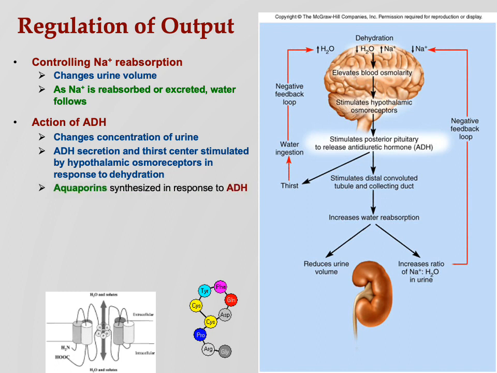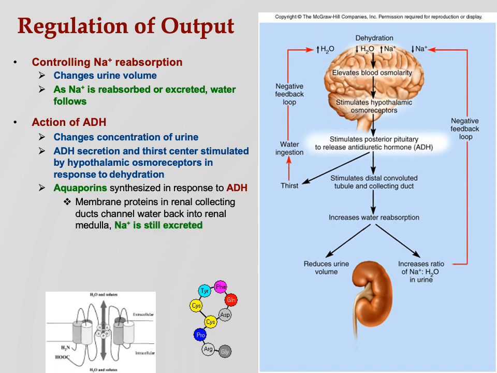So how do we do this? Aquaporin channels. Aquaporin, water pores. They are channels that pump water but not any solutes. Now, as it turns out, that's a lie. They do allow some solutes to move through, but they pump mostly water. So renal collecting ducts, all right? We saw that in the kidney.